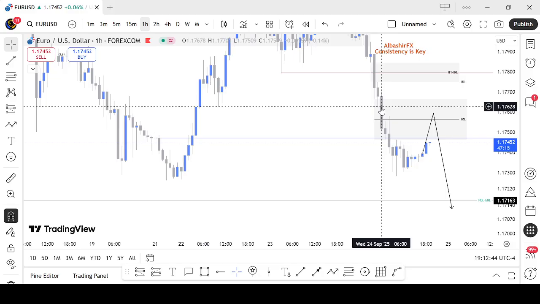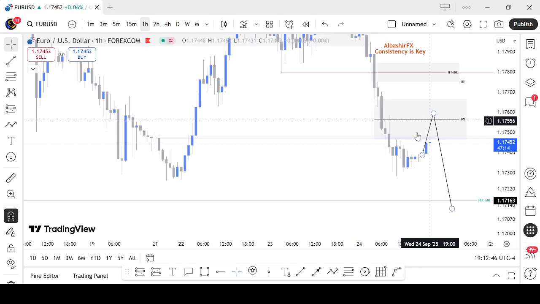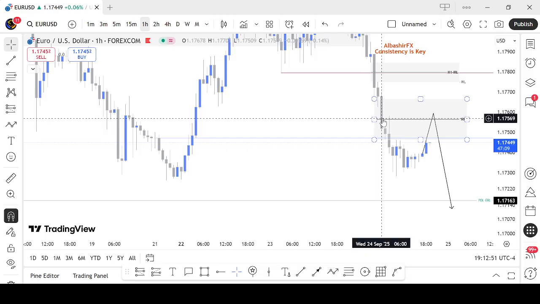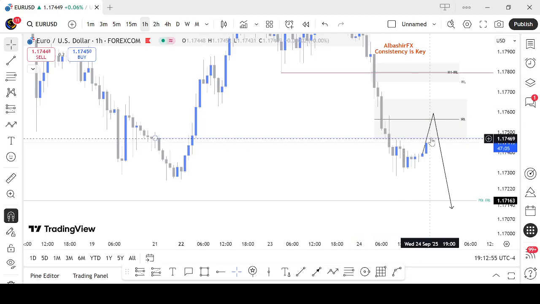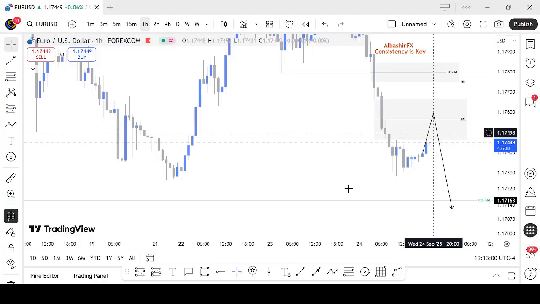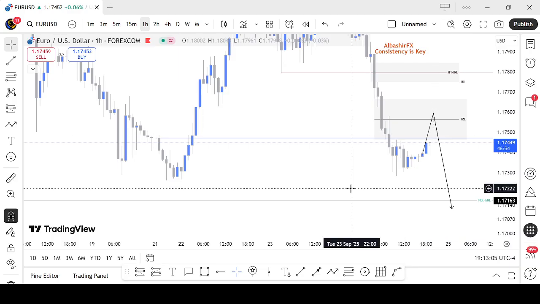And if we look down inside this 4 hour fair value gap, which is a very big fair value gap, we have a smaller time frame, an hourly fair value gap here, which price can react from to go lower. So this is basically what I'm anticipating for tomorrow on EU.